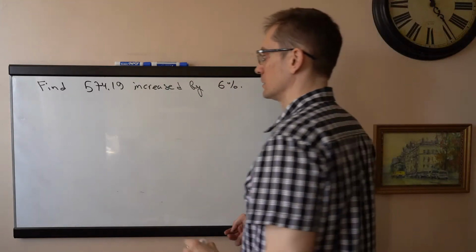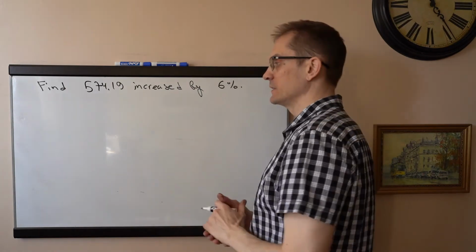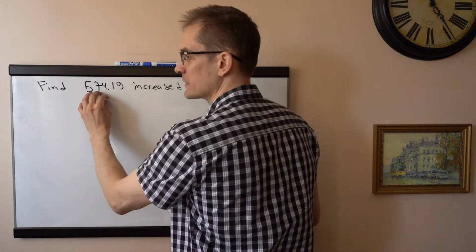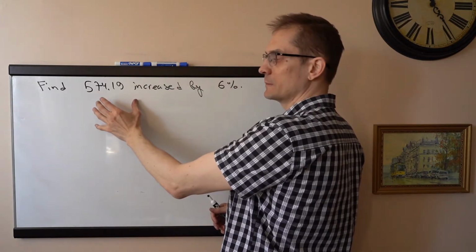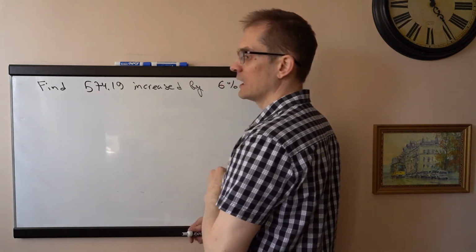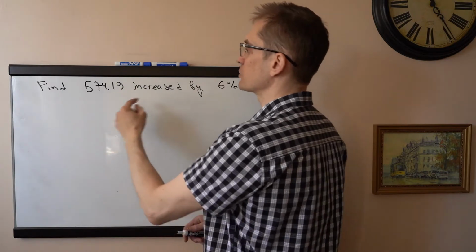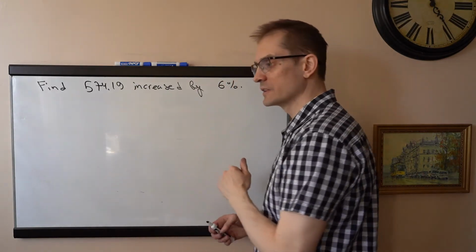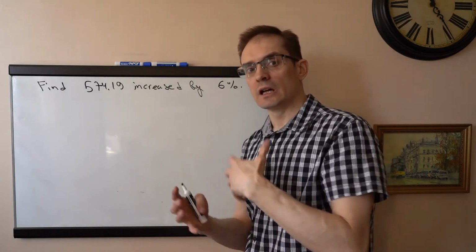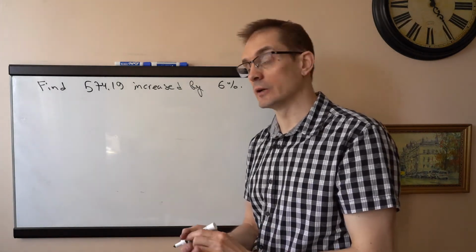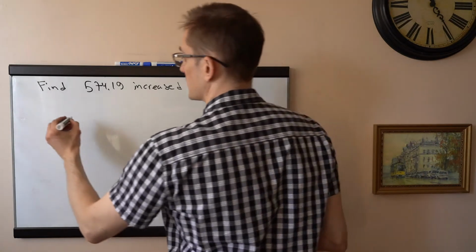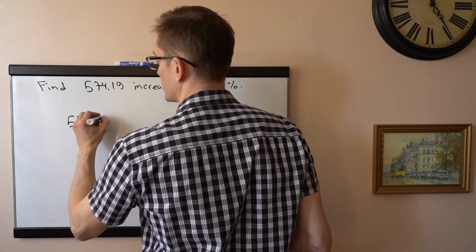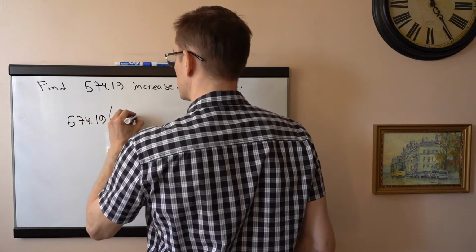Well, remember that idea that instead of me finding 6% of this amount and then putting it on top of that amount, I'll be finding 106% of that original amount, because increasing an amount by 6% is the same as finding 106% of that amount. So let me write this idea in this way. The answer to this problem will be 574.19 times (1 plus 0.06).